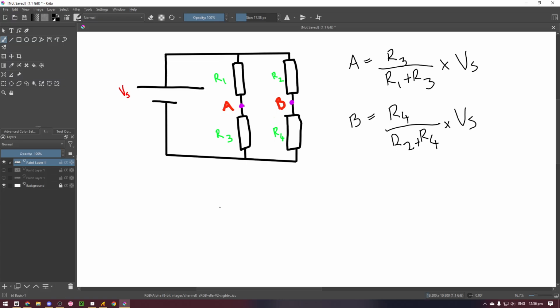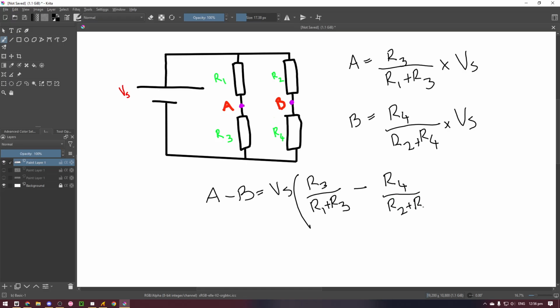So if we wanted to find the difference between A and B, we would have A minus B is the voltage source times R3 over R1 plus R3 minus R4 over R2 plus R4. This is the voltage difference between A and B, also known as the voltage across the open circuit.